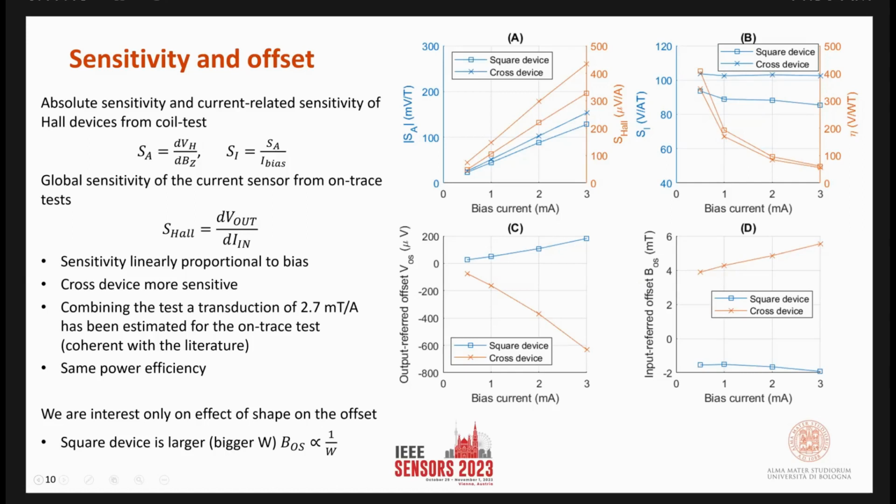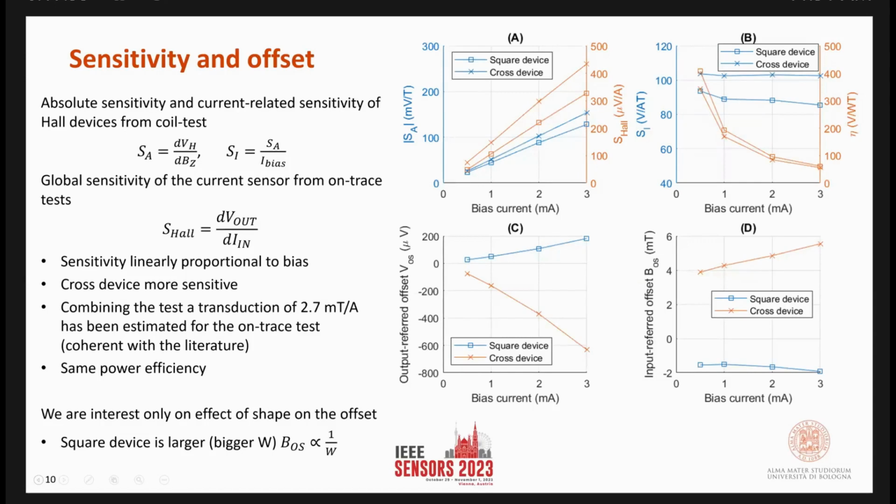From those tests, we are also able to estimate the current to magnetic field transduction for our on-chip trace, and we estimated a transduction of 2.7 millitesla per ampere, which is in line with the literature.